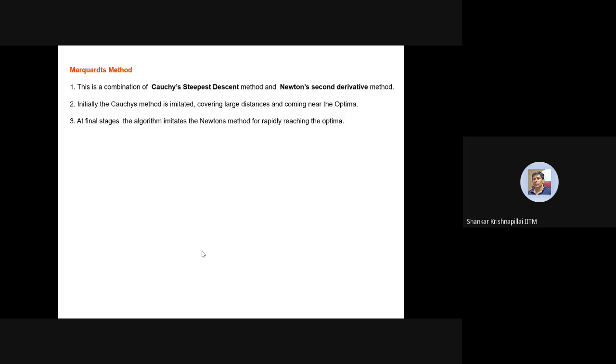Then next we look at a highly important method called Marquardt method, which is used in many algorithms. So what is Marquardt's method? Marquardt's method is a combination of Cauchy's steepest descent method and Newton's second derivative method. Initially, Marquardt's method will imitate Cauchy's method, covering large distances and coming near the optimum.